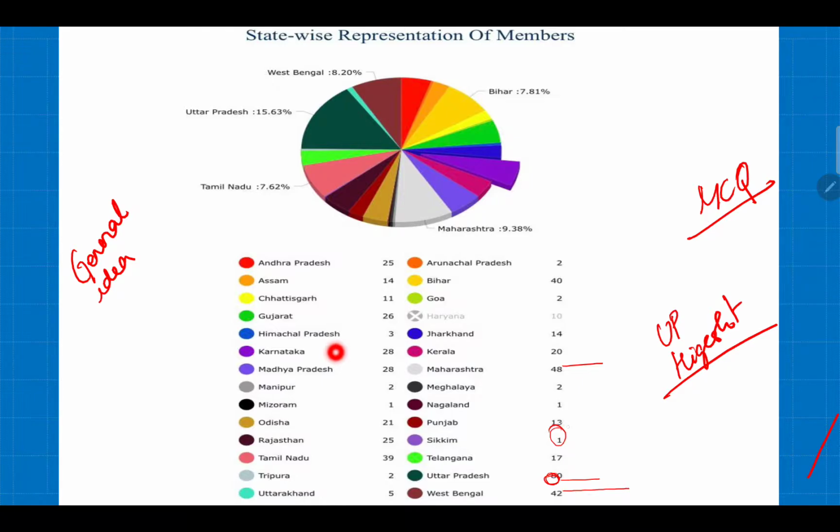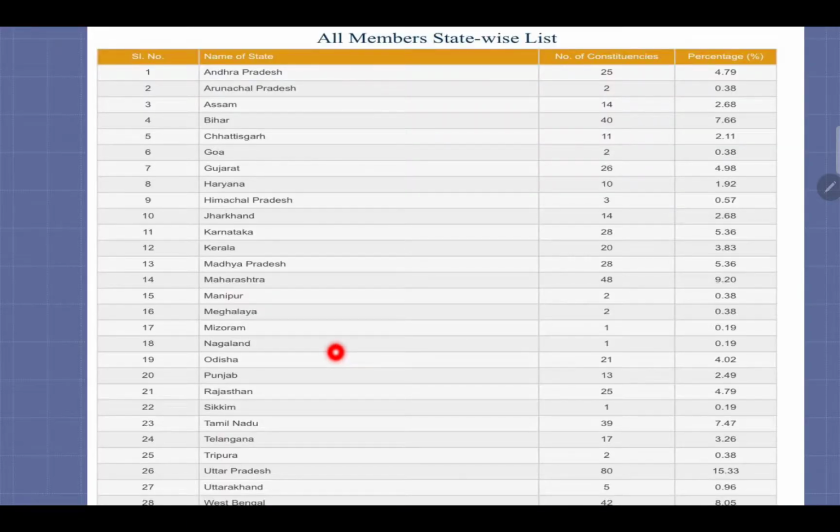Uttar Pradesh has the highest state-wise representation of members, whereas Sikkim, Nagaland, and Mizoram have the lowest numbers, and Arunachal Pradesh has 2. This is for your idea, so that you can answer if a multiple choice question comes from this chapter. Now we'll directly go to Uttar Pradesh 80 and Sikkim 1.